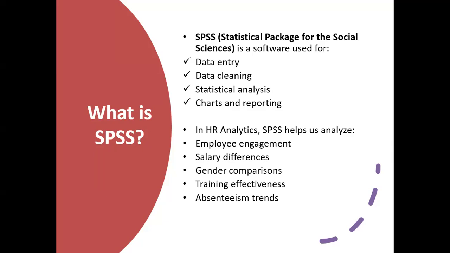So we normally employ SPSS in social sciences because it is premised on the idea that events of the world, particularly in our social environment, in our world of work, are such that it cannot be measured with 100% certainty.